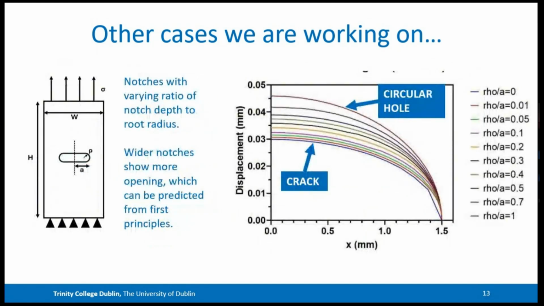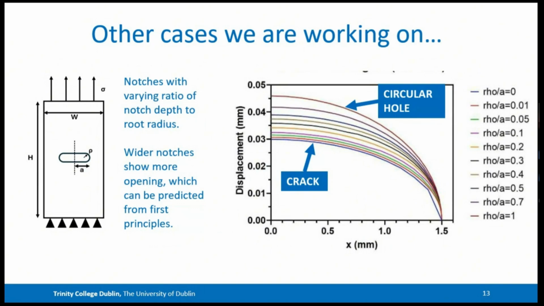Another one, and this is the work that Linda has now started on. Linda is at the moment just looking at notches. So she's done a series of finite element models with this kind of a notch with different radius to crack length or notch length. And what we're finding there is that you get more or less the same shape, as you can see.